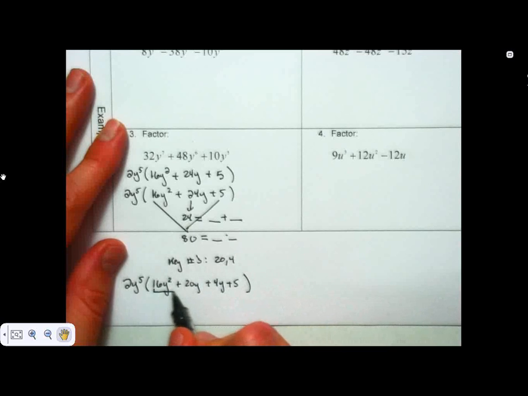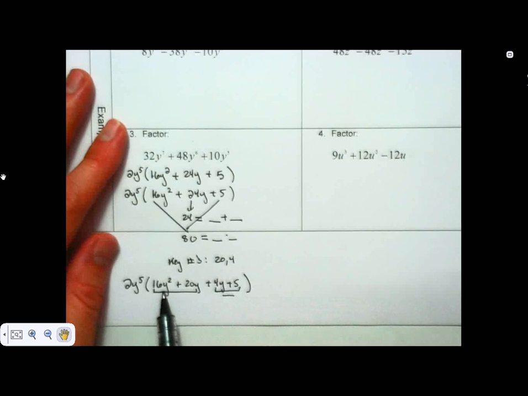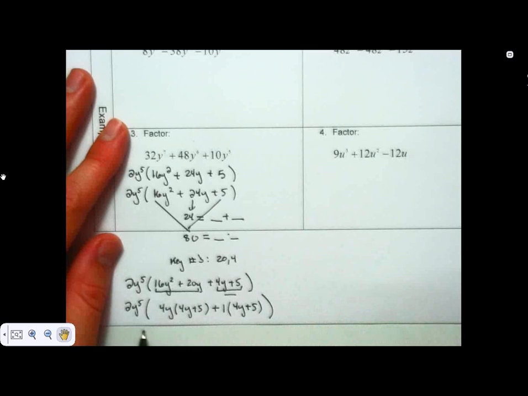And now if I group the first two guys together and the last two guys together, the first group I could factor out a 4y, it looks like. So we're going to factor a 4y out of the first group, which leaves me with 4y plus 5. The second group, I can only factor a 1 out, which leaves me with 4y plus 5 on the inside, and then parentheses around the whole thing because we have this 2y to the 5th.